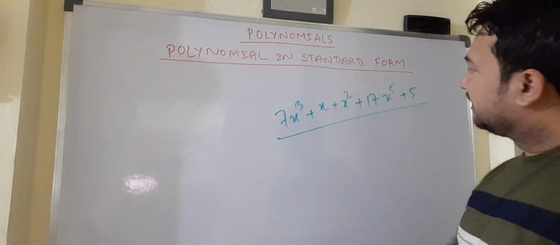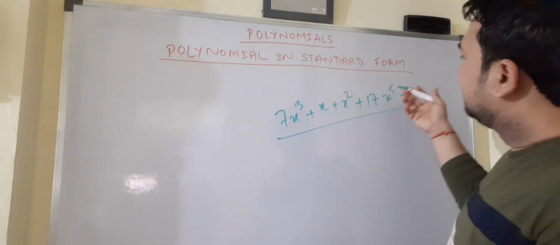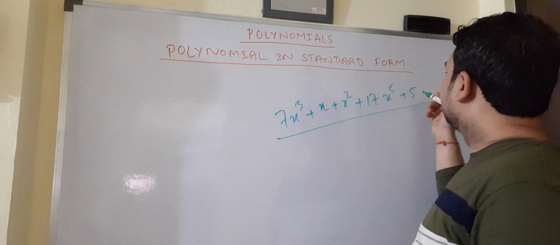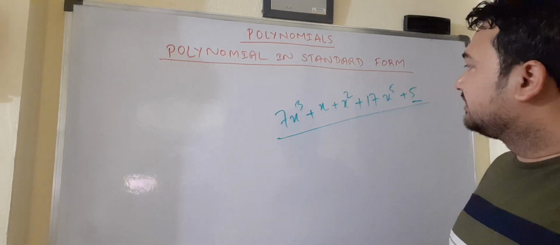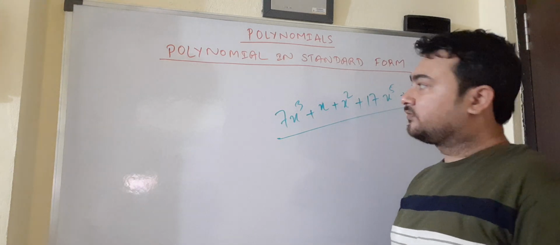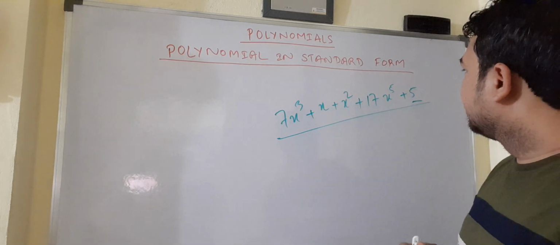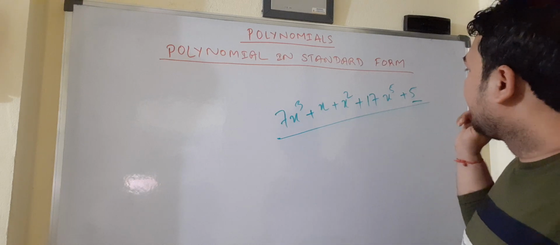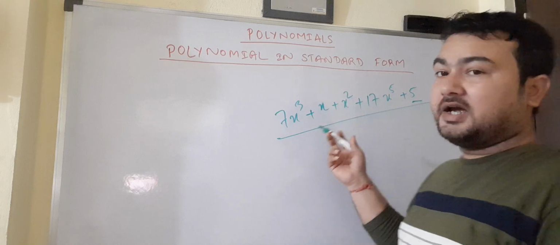This is a polynomial, no doubt, because every term has a variable except this term, and those variables have powers which are non-negative integers. So obviously this algebraic expression is a polynomial, but it is not arranged.